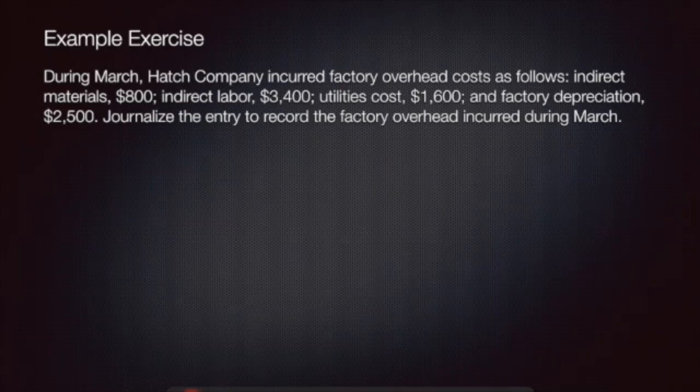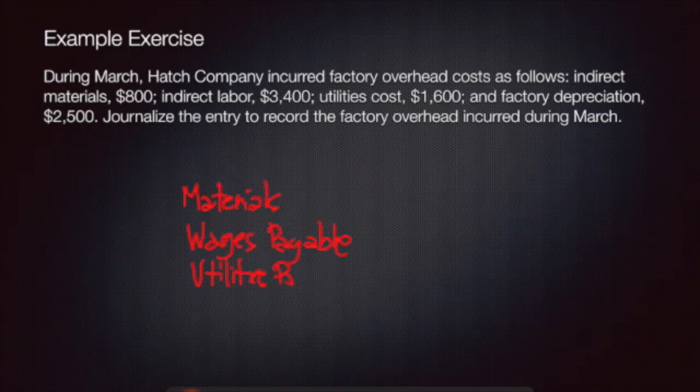So what we do is we first add up all of the costs, which are number one, the materials, the wages payable, the utilities payable, and the accumulated depreciation of the factory.